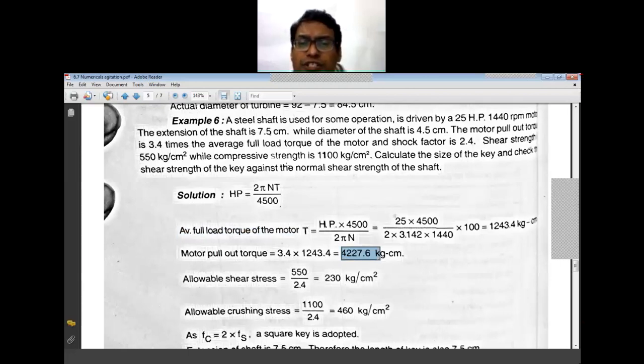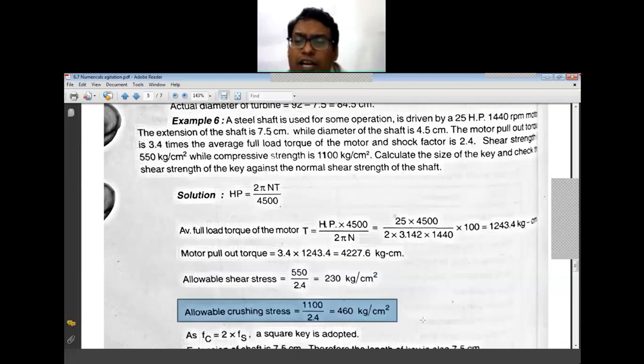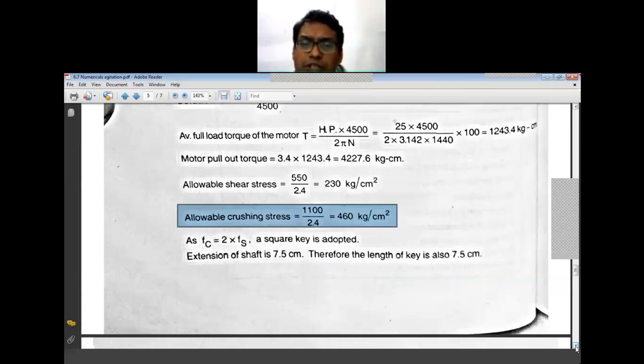Then coming to the stress values, the compressive strength and shear stress are given, but the shock factor given is 2.4. So the allowable shear stress will be reduced: 550 divided by 2.4, which is equal to 230 kgs per centimeter square, and the allowable crushing stress is 1100 upon 2.4, which comes as 460 kgs per centimeter square.